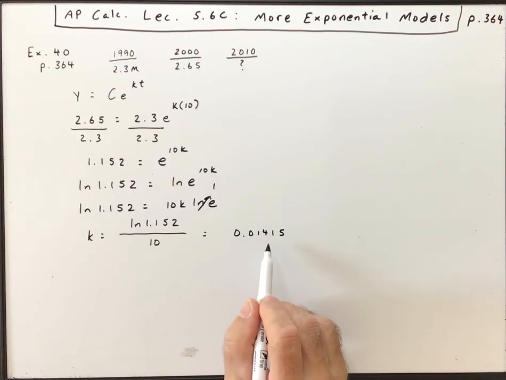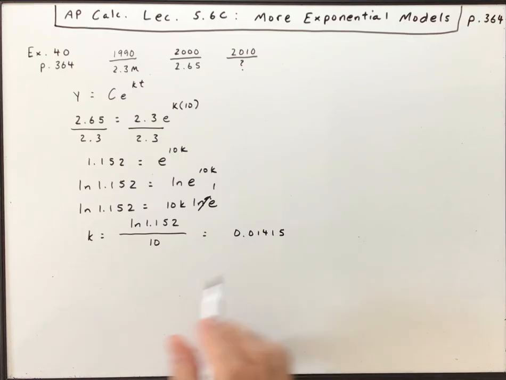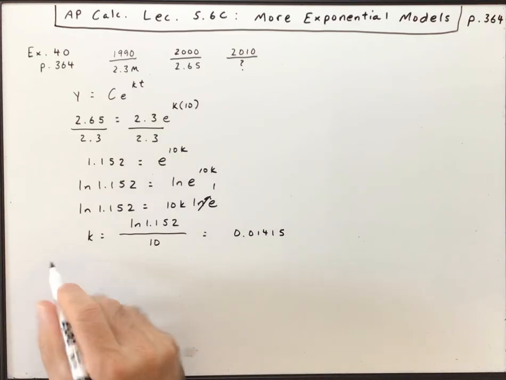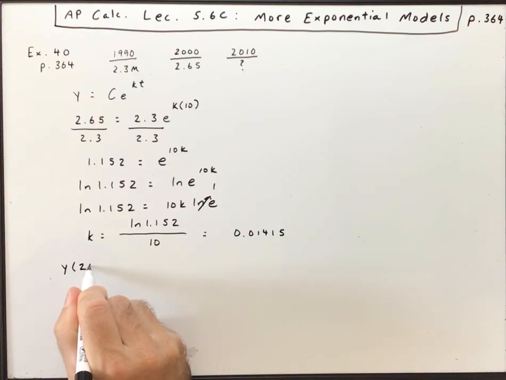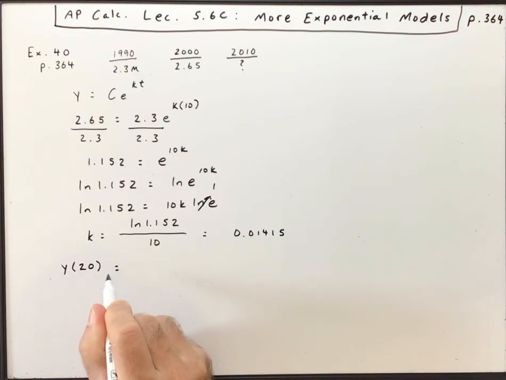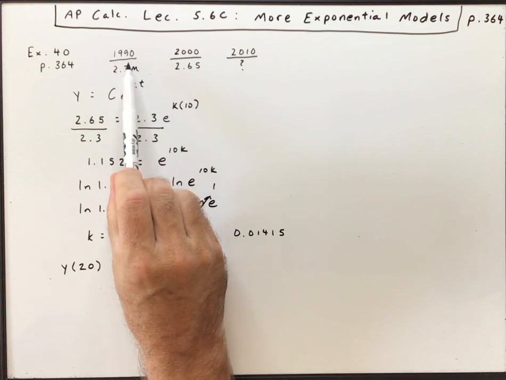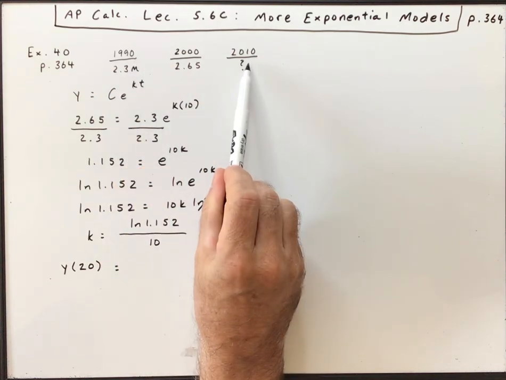Now we want to know what our estimate is in 2010. We'll call this y of 20, because 2010 is 20 years past 1990.